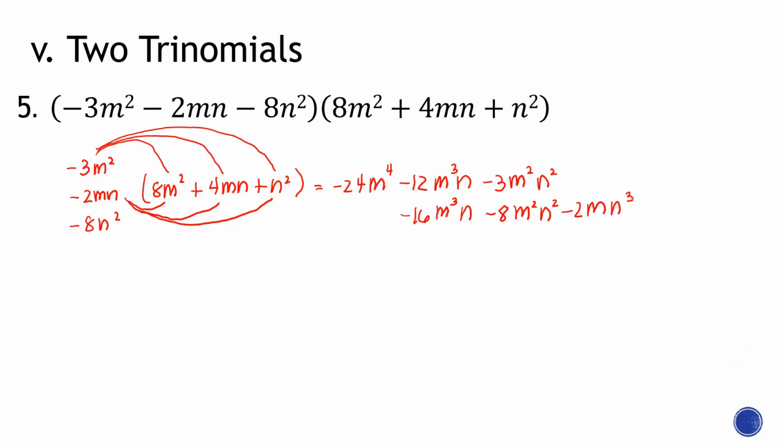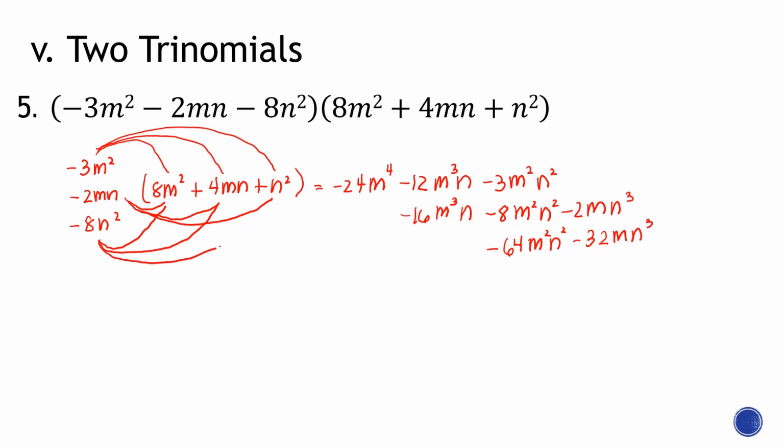Let's go to the last term, which is negative 8n squared. Multiply that to positive 8m raised to 2. So that's negative 64 m squared n squared. Negative 8 times 4 is negative 32 m n raised to 3.